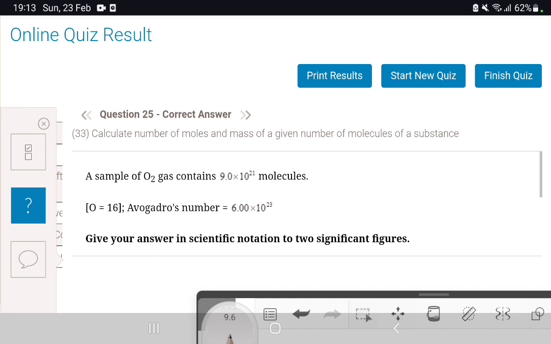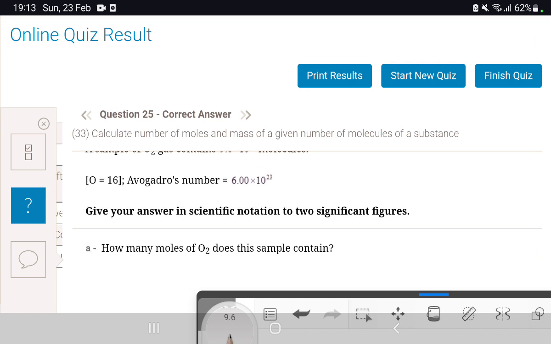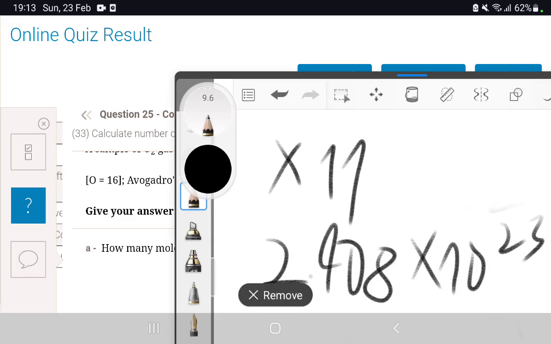Number 25. A sample of O2 gas contains 9 times 10 to the power of 21 molecules.